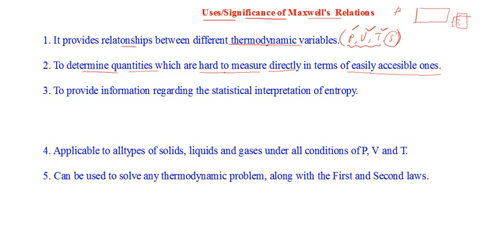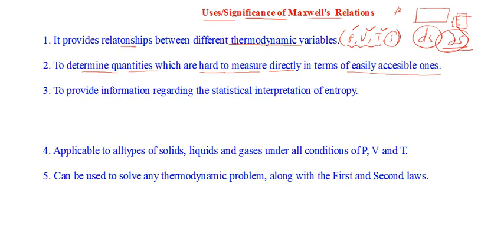Instead we are measuring the change in entropy, and hence in all the 4 Maxwell's relations there will be a dS or dou S. Dou S is there in all the 4 Maxwell relations because they all have P, V and T, S either in the numerator or in the denominator on either side, right? So dS will be an integral part in all the 4 thermodynamic Maxwell's equations.